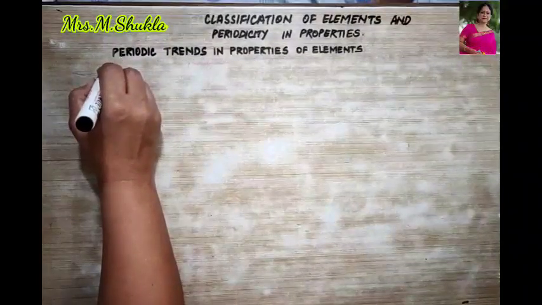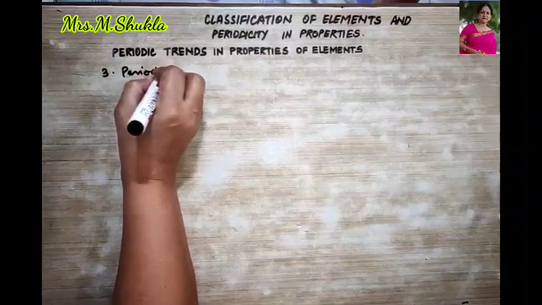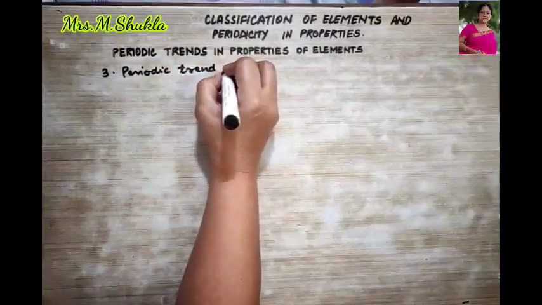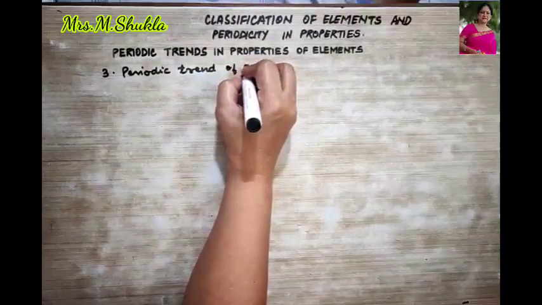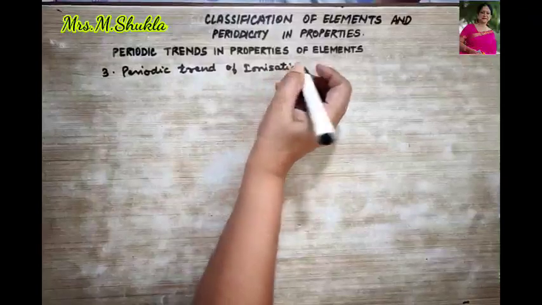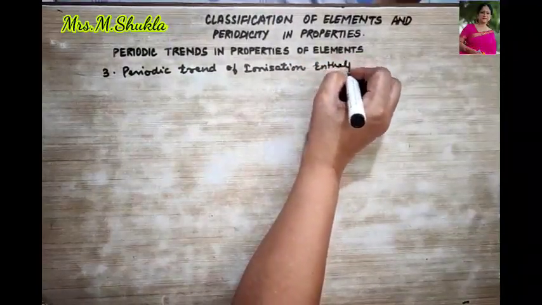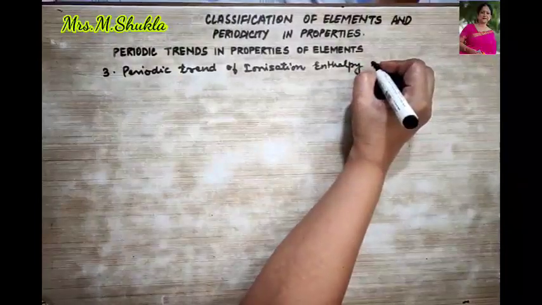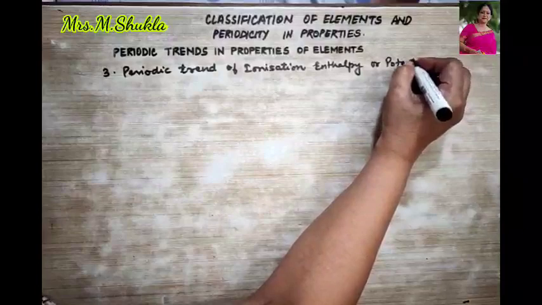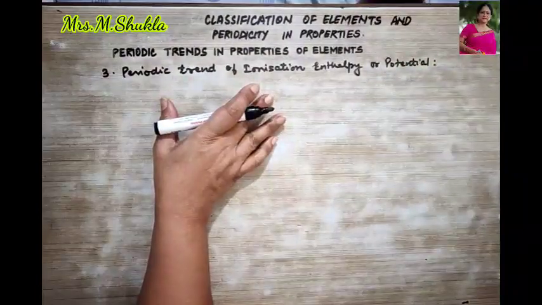Now let us talk about the periodic trend of ionization enthalpy or potential. Okay, so what is ionization enthalpy?